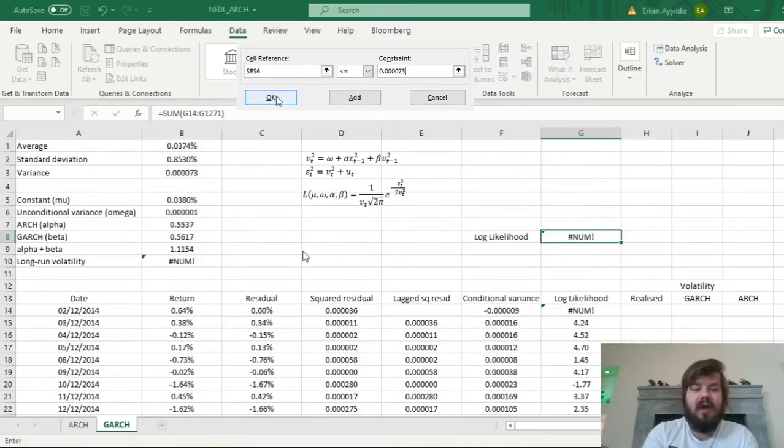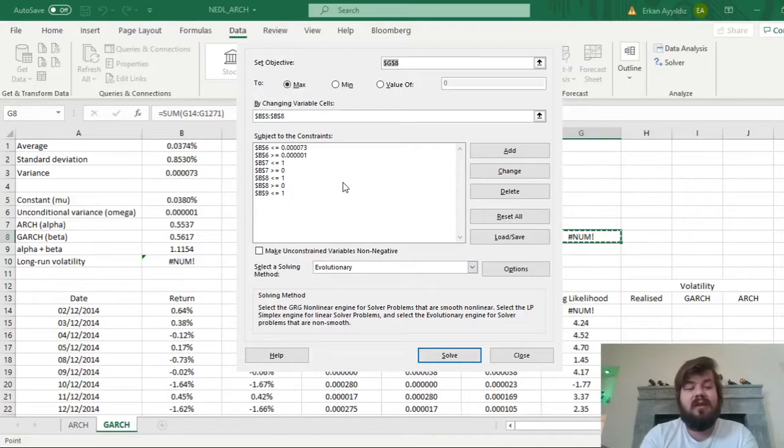0.000073. And then we also need to add the restrictions, both upper and lower bounds, on our intercept, our constant mu. And here we need to resort to some arbitrary assumption about our constant. Well, first of all, the constant mu is just expected daily return, so we shouldn't really expect it to be too high or too low in terms of magnitude.